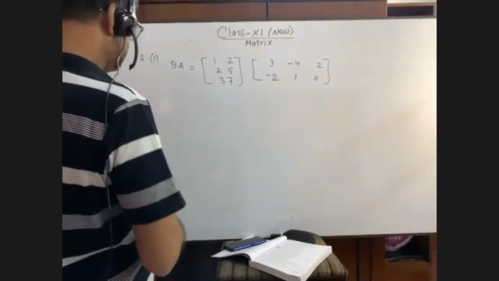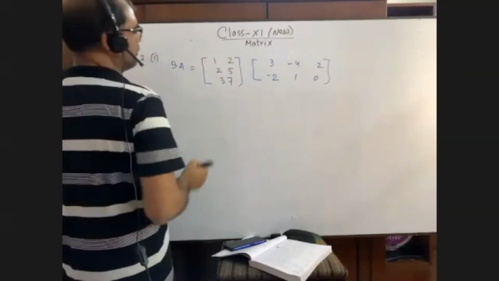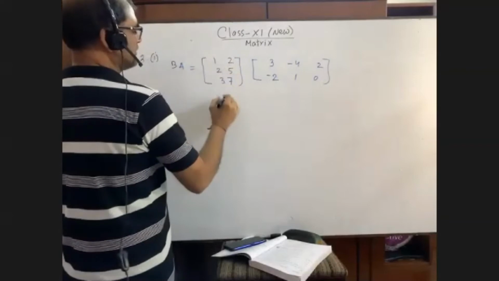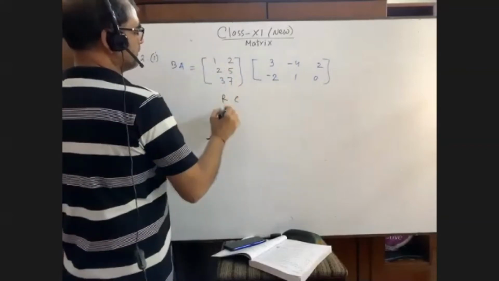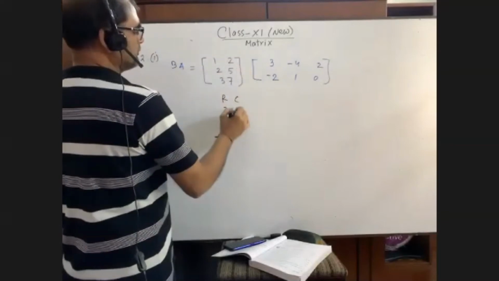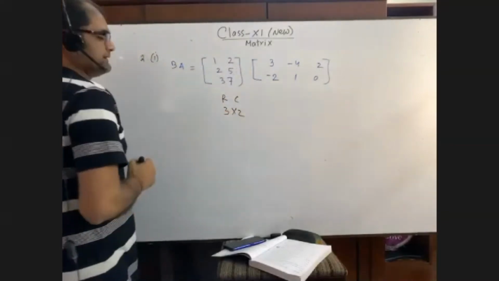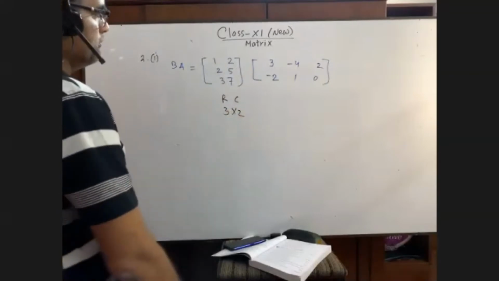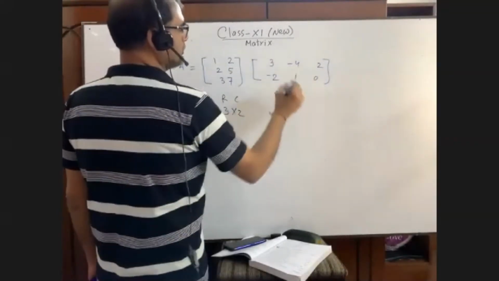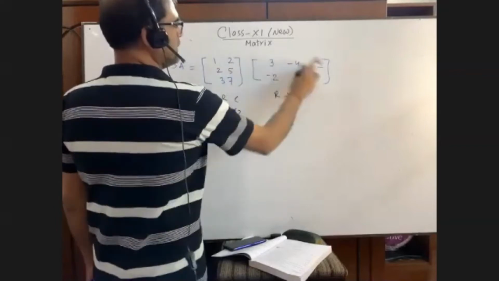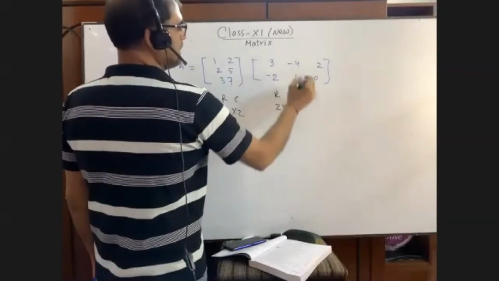Here, how many rows and how many columns? There are 3 rows and 2 columns. So B is a matrix of order 3 by 2. In this way, how many rows here? 2 rows. How many columns? 3 columns.